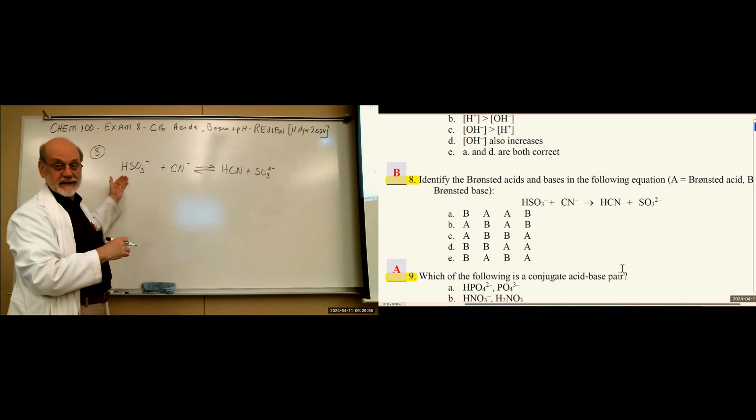So that means 1 times 10 to the minus 14 equals, and we're given the hydroxide ion concentration. So this is our unknown, that one. And we have a value of 3 times 10 to the minus 7 molar. Right? So now this concentration is simply the Kw divided by the hydroxide concentration.